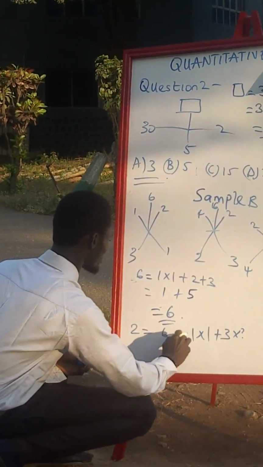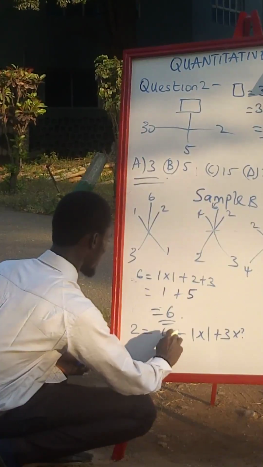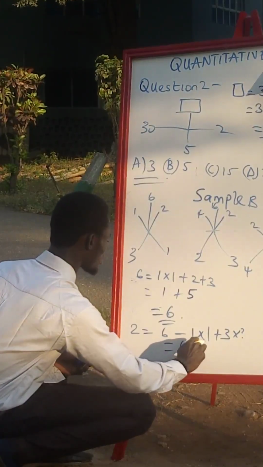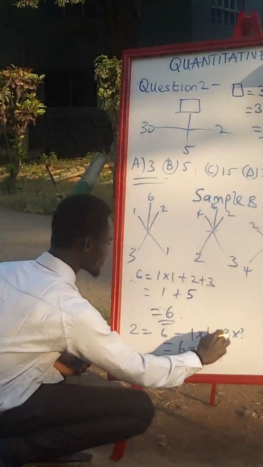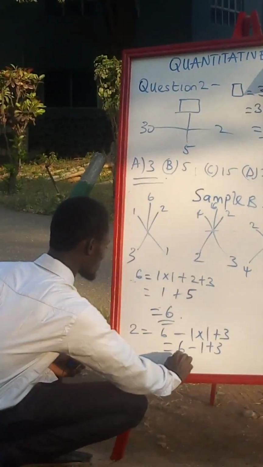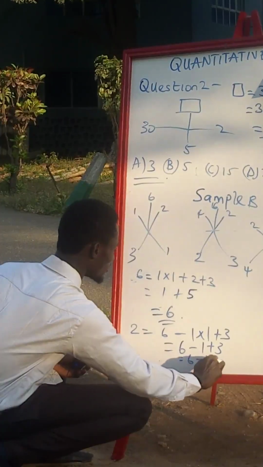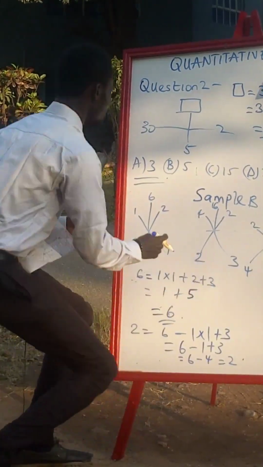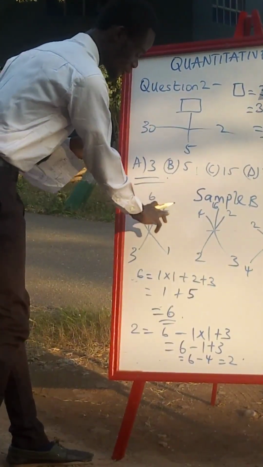So 6 minus 4 is equal to 2. So now we've gotten 6, we've gotten 2.